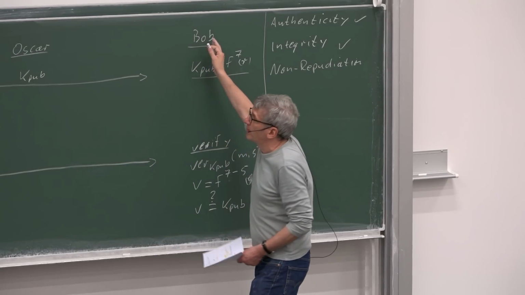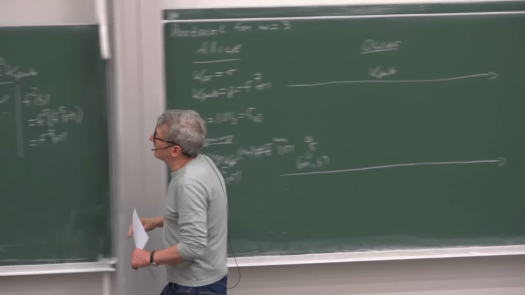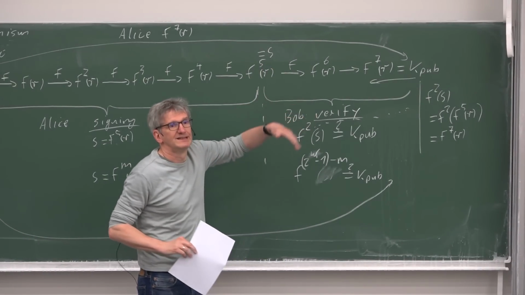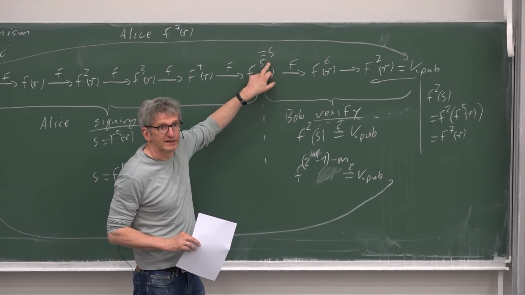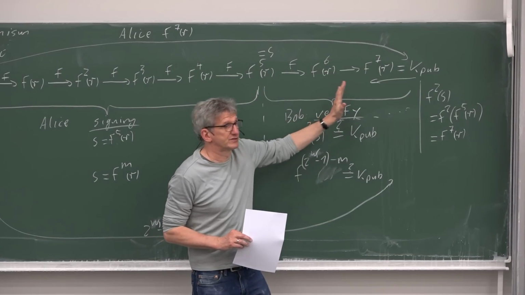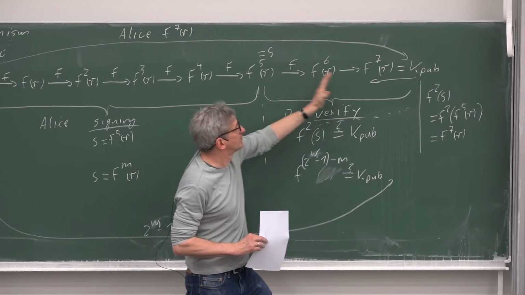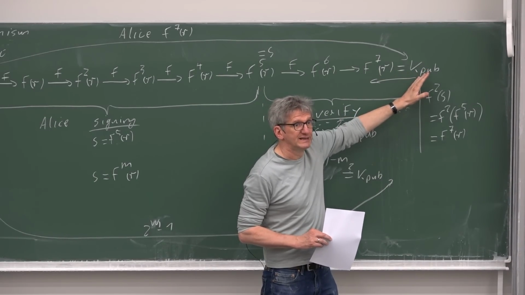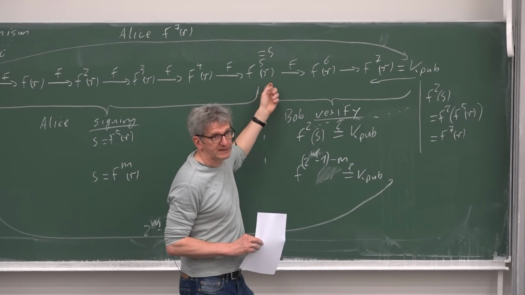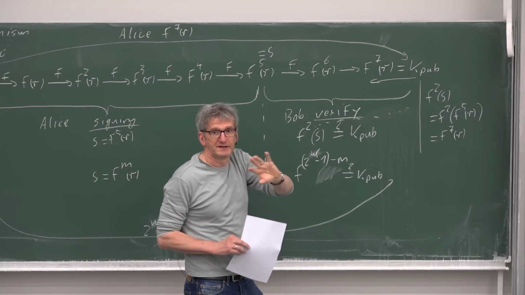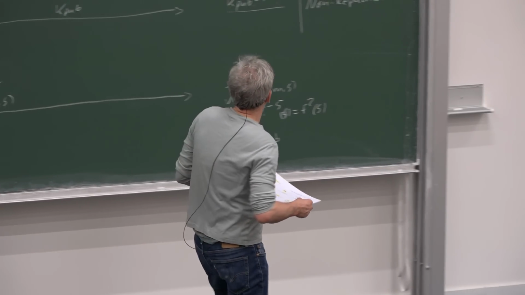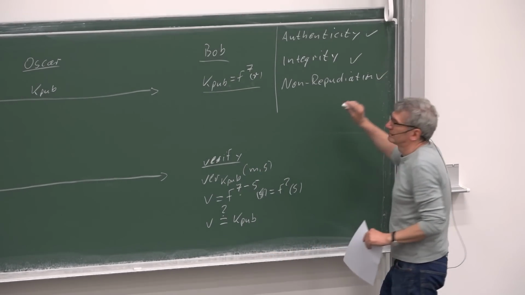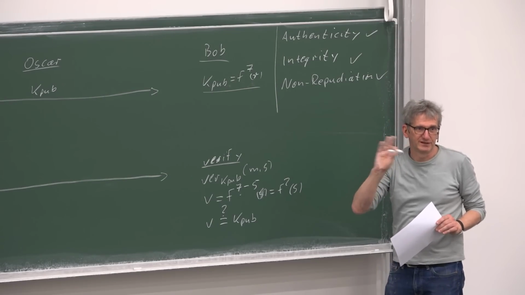And she claims Bob came up with this value S, and again, you can show Bob cannot compute S by himself, right? He can only go forward. He can go from S, 1 hop, 2 hop, reach K-public. He would not be able to generate S by himself, okay? This is exactly the case with RSA, okay? Good, so checked, all of the checks work, right?